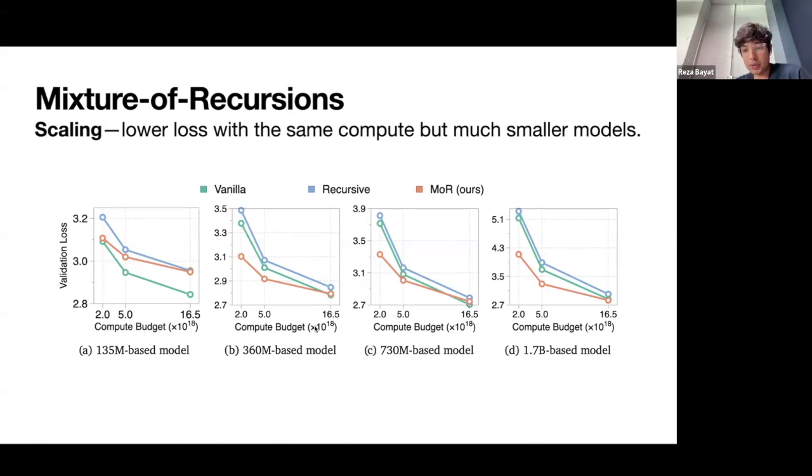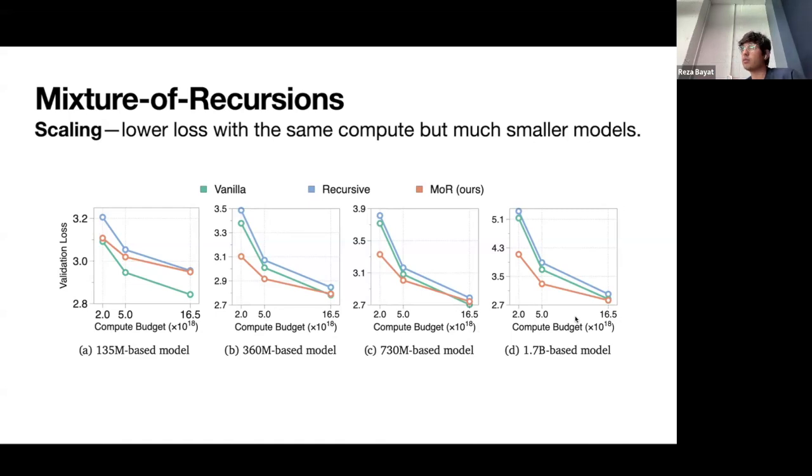We definitely outperform all of the models on the middle compute budget. So this plot basically tells you that you would potentially be able to use MoR at larger scale. For example, DeepSeek has around 700 billion parameters.